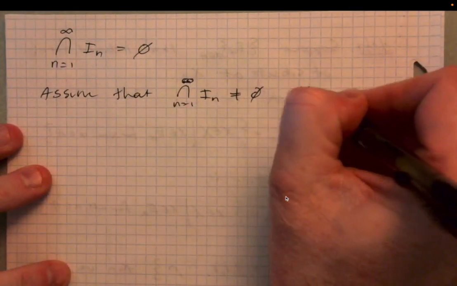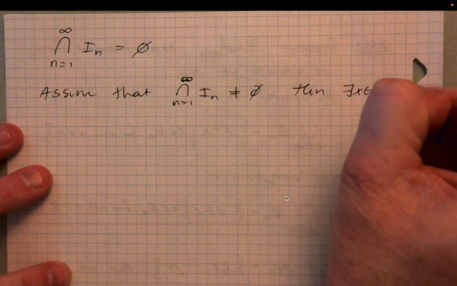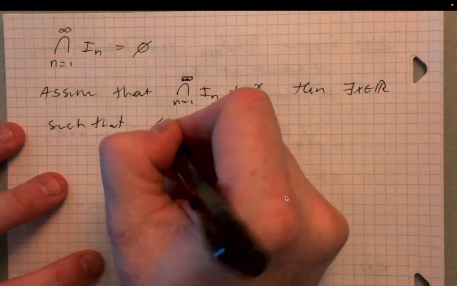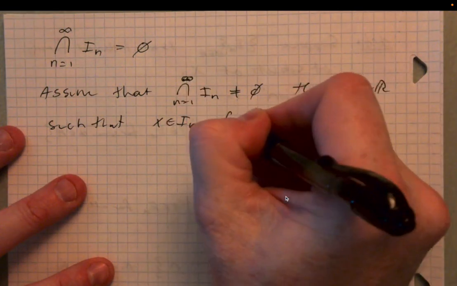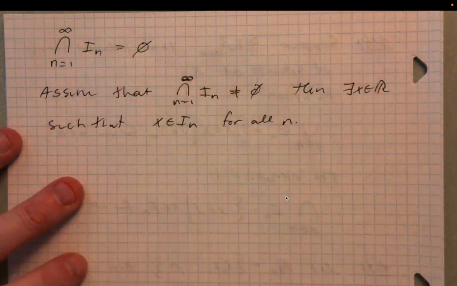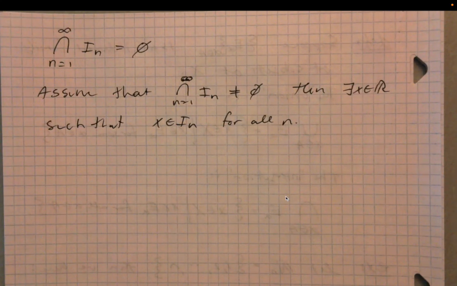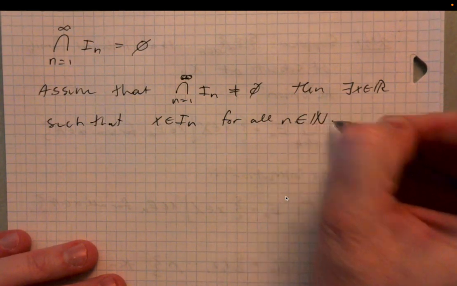Then there's going to exist some x in R such that x is in I sub n for all n. That's the definition of the intersection. These are all natural numbers, right?